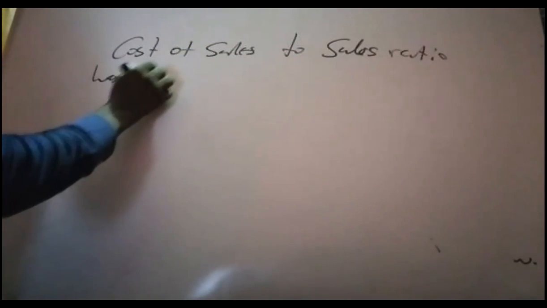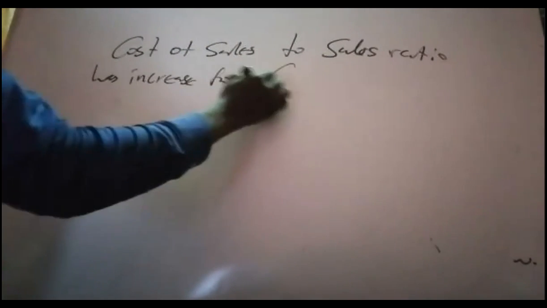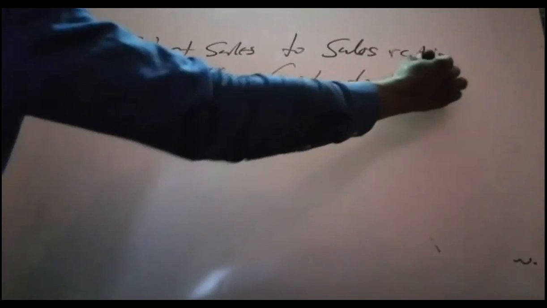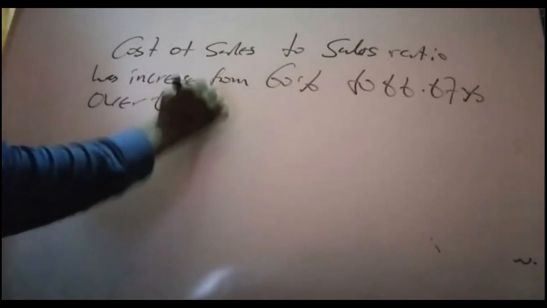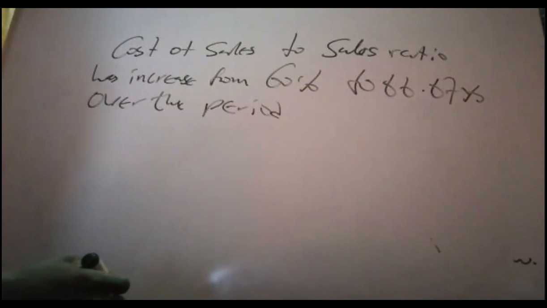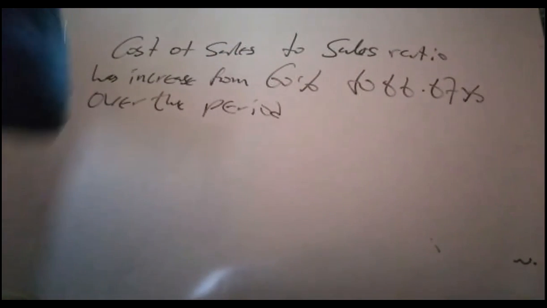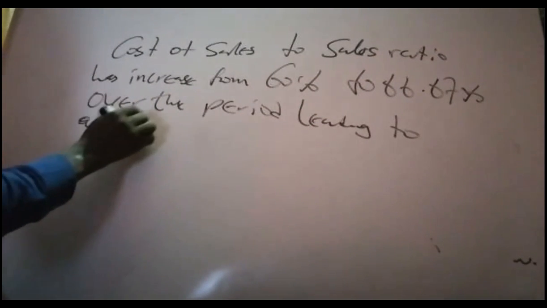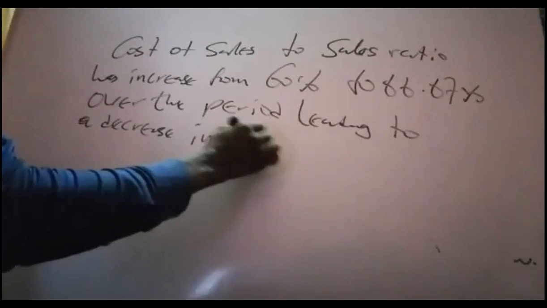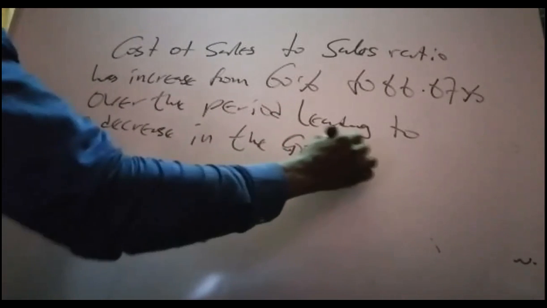So we tell the examiner that cost of sales to sales ratio increased from 60% to 66.67% over the period, leading to a decrease in the gross profit margin.